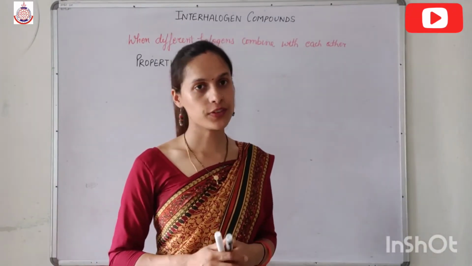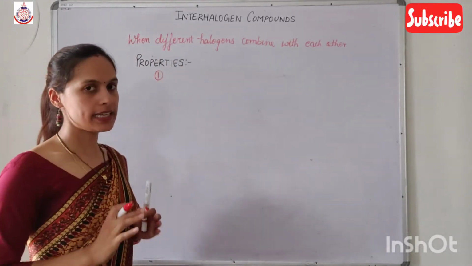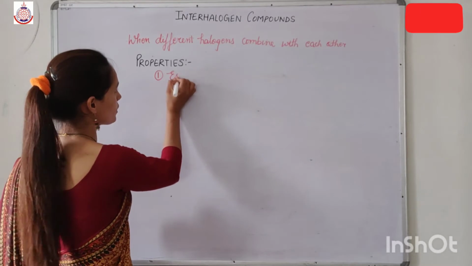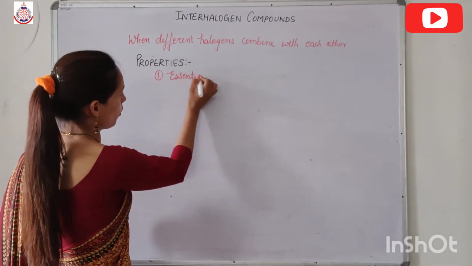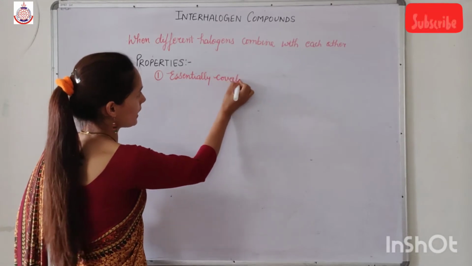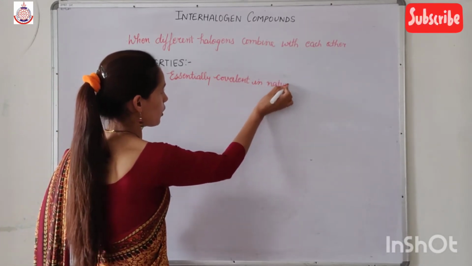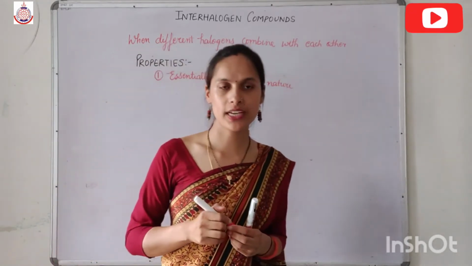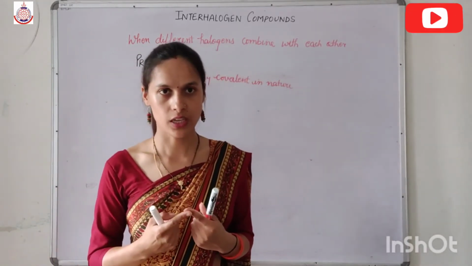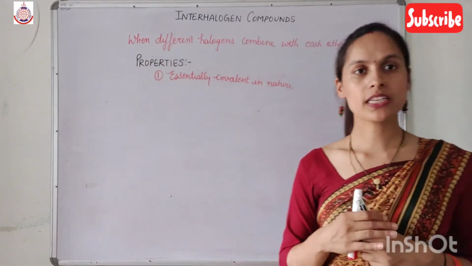Now we'll study the different properties of the interhalogen compounds. First of all, the interhalogen compounds are essentially covalent in nature. Why are they covalent? Because of the very small electronegativity difference among the halogens. Those halogens which combine with each other have a very small electronegativity difference.